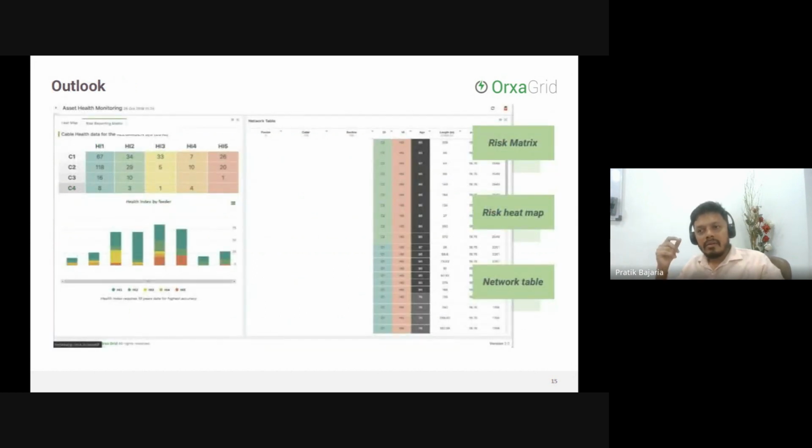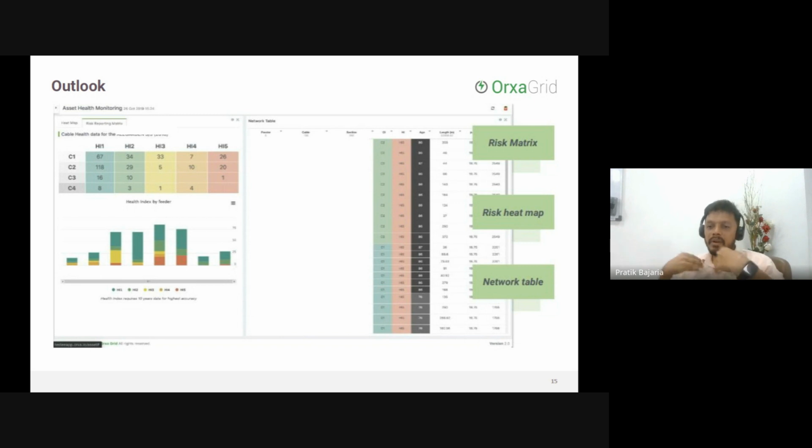Okay, speaking about the bottlenecks, any of the OrxaGrid solutions which we try to give from scratch, as I said before, are definitive when it comes to specifying additional sensors or additional solutions which are required to make sure that the solution is in harmony with health indexing and the fault and failure probabilities.